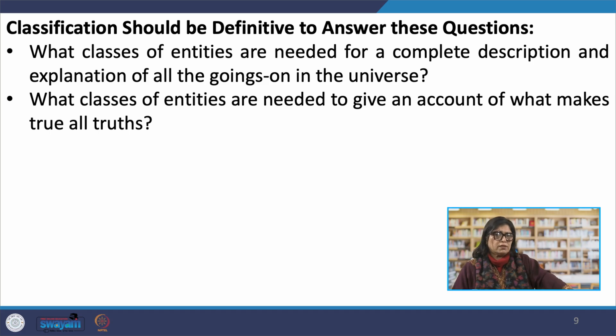What classes of entities are needed to give an account of what makes true all truths? It should be exhaustive in the sense that all types of entity should be included in the classification, including also the types of relations by which entities are tied together to form larger wholes.